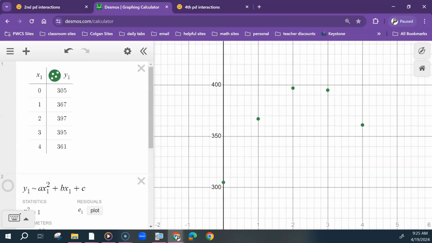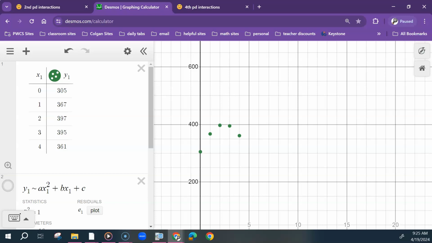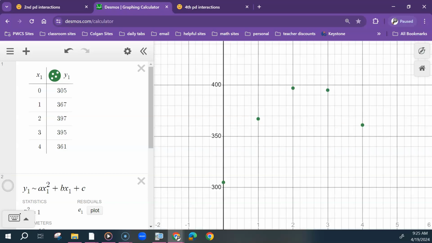Mine is also not zoomed out. Is yours going like that? Mine was going like that, but once you hit the plus, it changes.